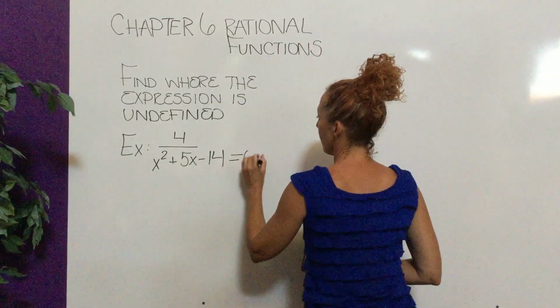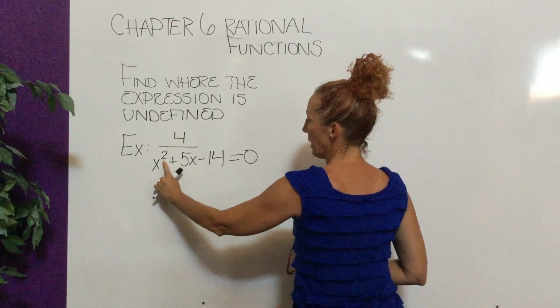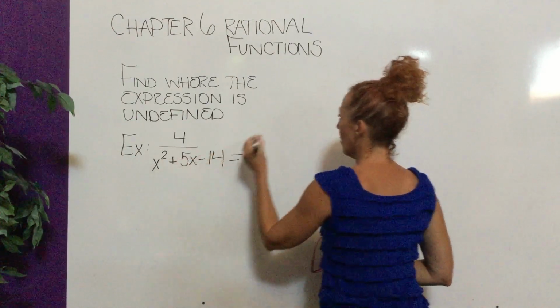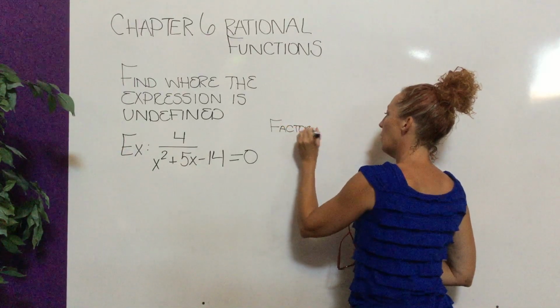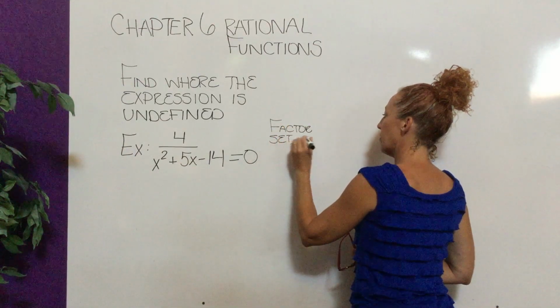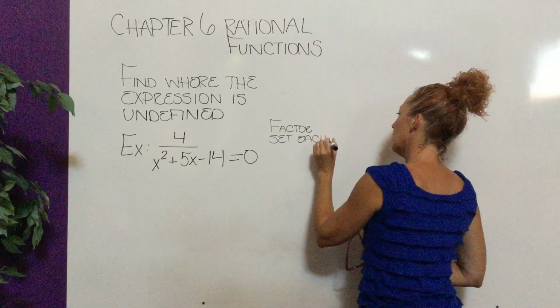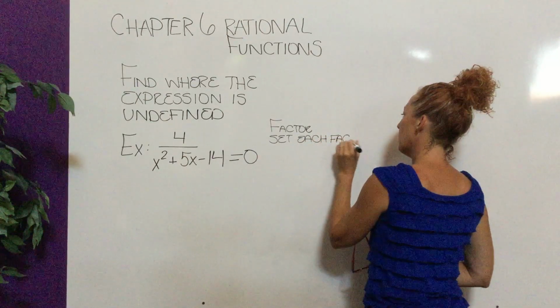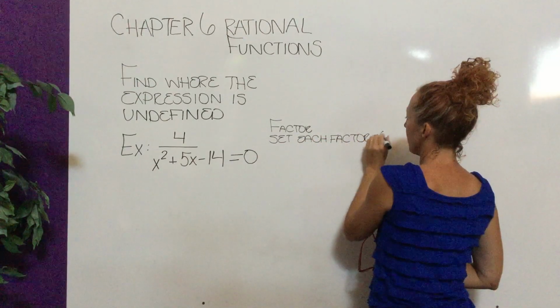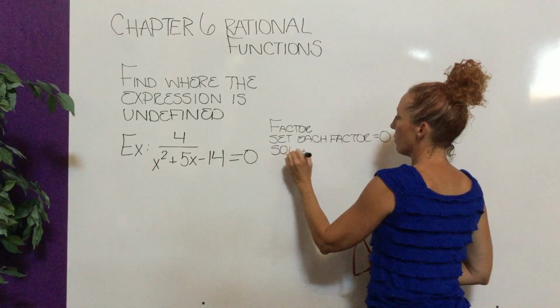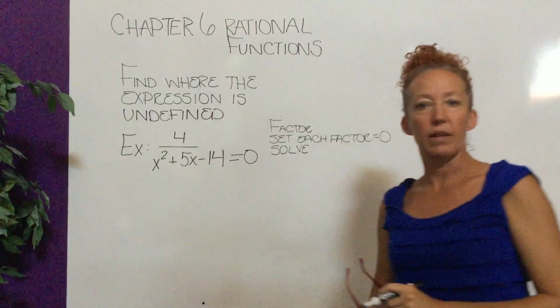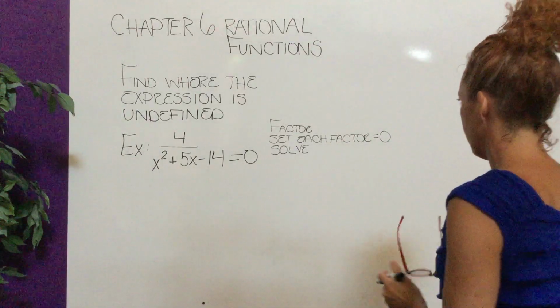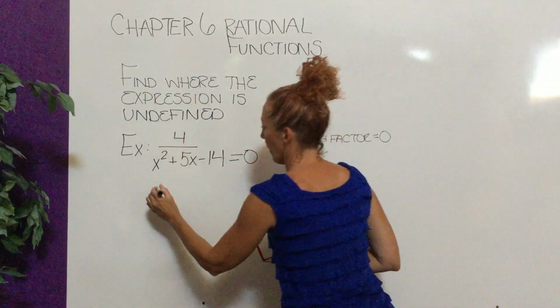We need to set this equal to 0. We should anticipate two answers. We are going to factor, and then we are going to set each factor equal to 0 and solve. If it is x squared, you can anticipate that you're going to have two answers that are going to be undefined.